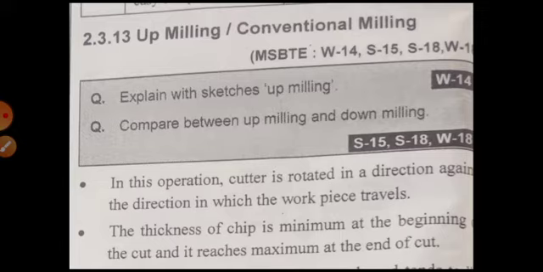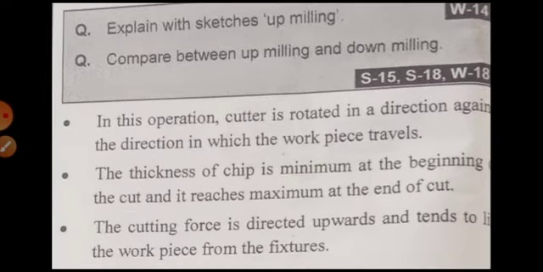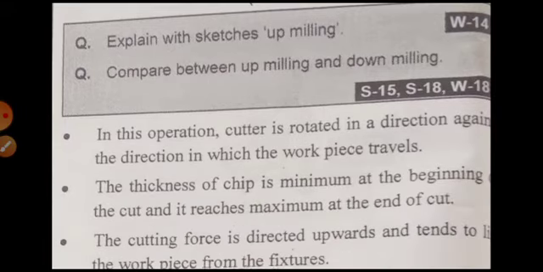This is all related to the rotation of the tool. Up milling and down milling are classified only by the rotation of the cutting tool. Let's see what is given about up milling and down milling.